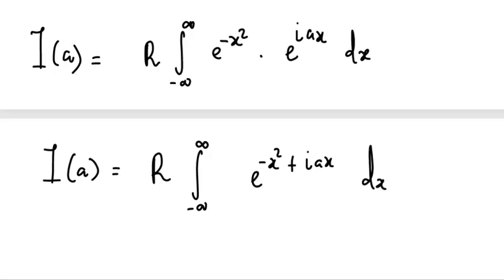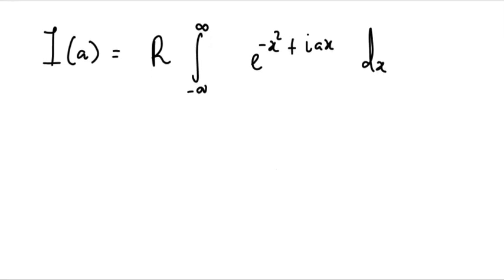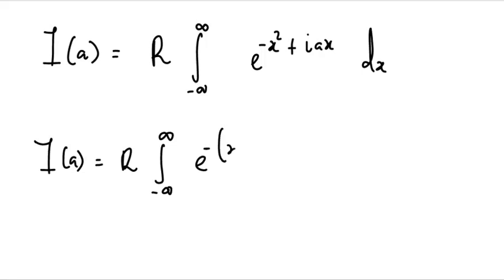So let's manipulate this exponential function. I of a is equal to the real part of the integral of e to the negative, then in brackets, x squared minus aix.